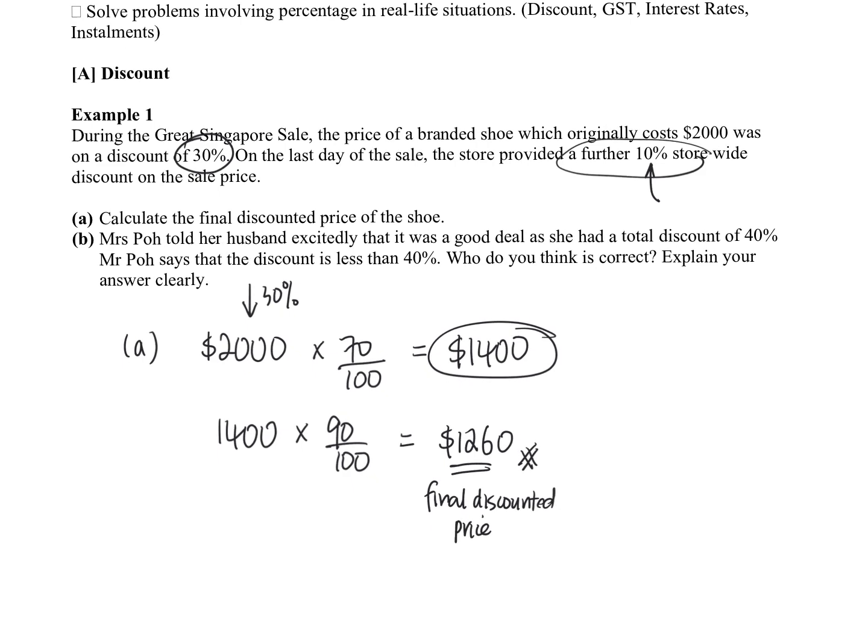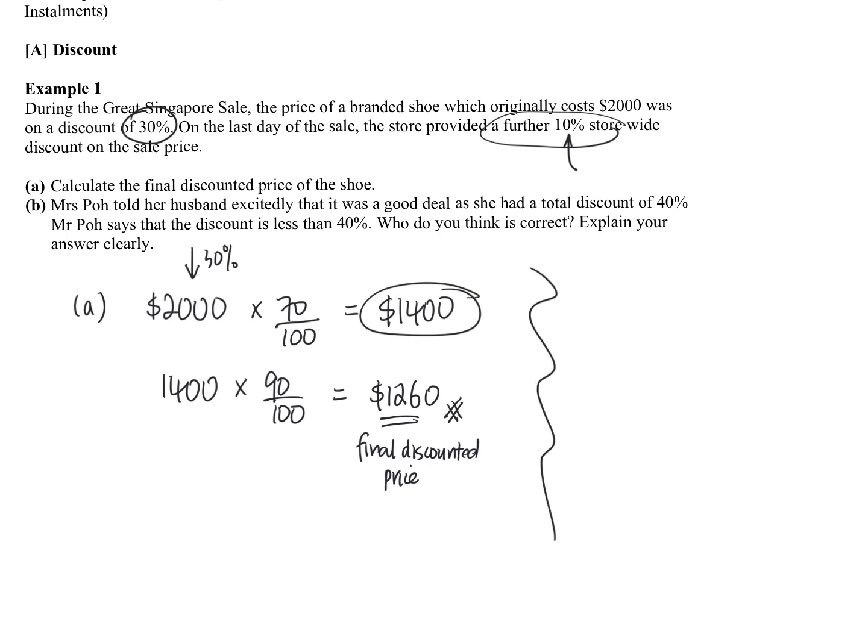Okay, and I'm going to show you that it's different from decreasing by 40% in total. Because if you find 60% of this, it's actually 1,200. Okay?